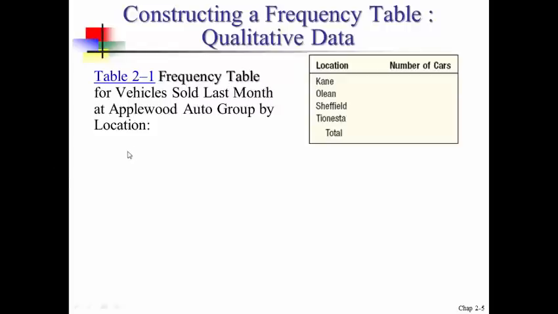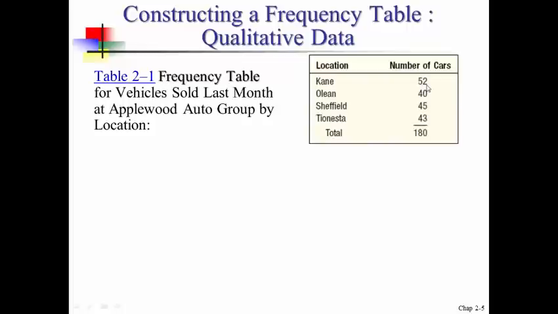So she made a frequency table using the data set from those 4 dealers, categorized or grouped by dealers. There are 4 dealers, so she arranged it into 4.